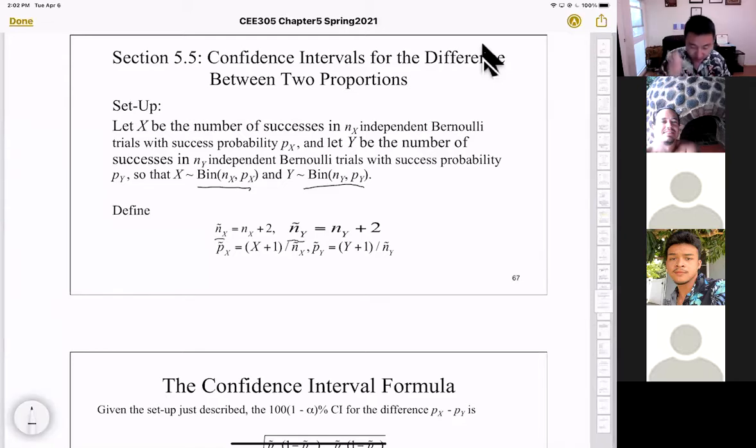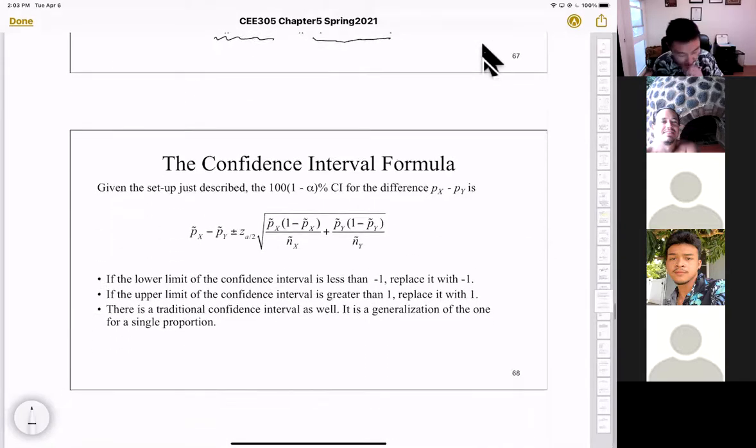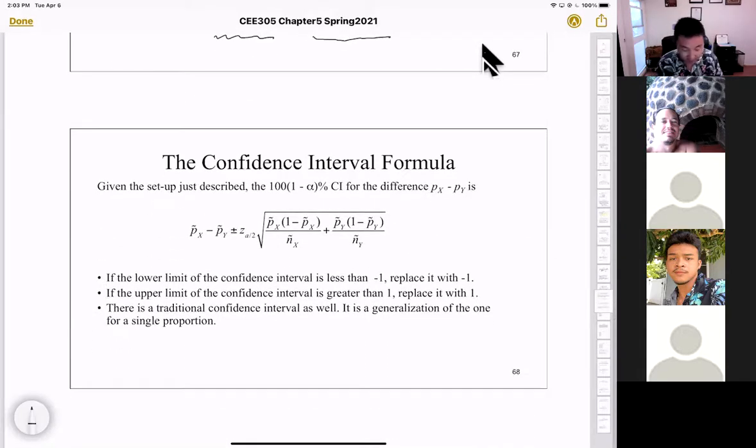Modified nx is nx plus 2, and modified ny is ny plus 2. We also have modified px and modified py, same as section 5.2. And here is the formula for the 100 times 1 minus alpha percent confidence interval for the difference between two proportions, px and py.